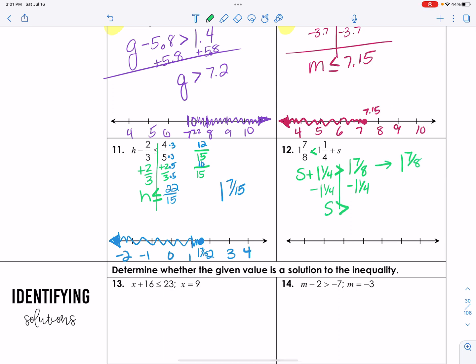I think 7/8 is okay, but I'm going to write this as -1 and 2/8. So that answer is going to be 5/8, which is between 0 and 1. So 5/8 is going to be about right here between 0 and 1, and it's everything bigger.